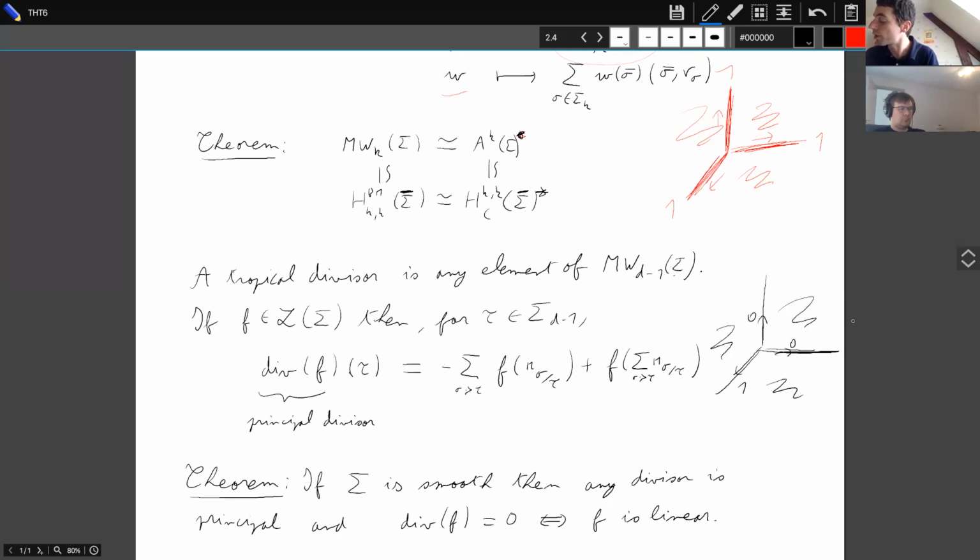I can look at the value of F here, so it's 0. I can look at the value of F here, it is 1. And now I can take the sum of these normal unit vectors, which live in N_R, because I am balanced.